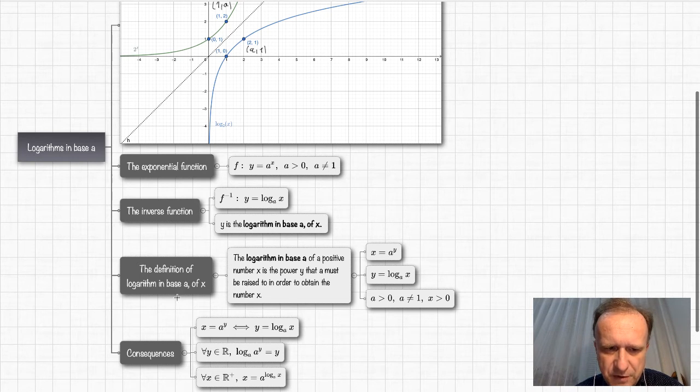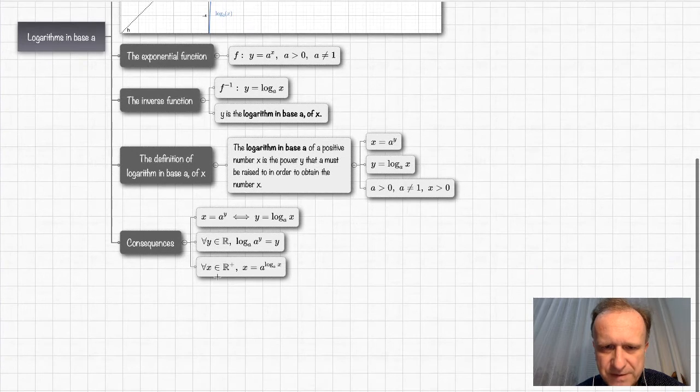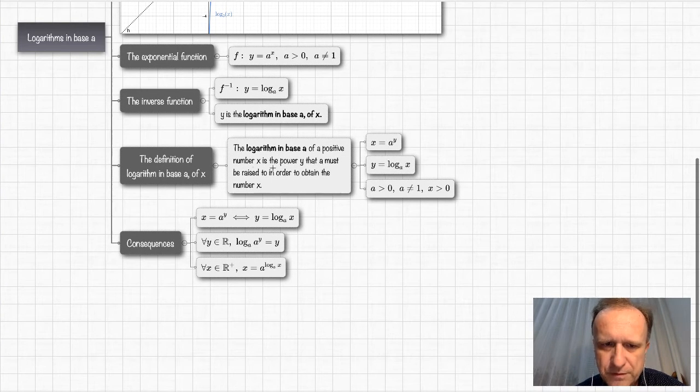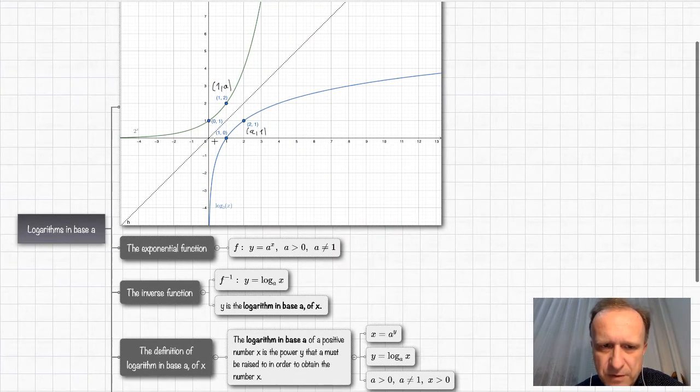Now, the definition of the logarithm in base a, and this is the important one. You have to be able to say that in your own words and try to understand what it means. So the logarithm in base a of a positive number x. Okay, so we take logarithms only from positive numbers. The positive numbers can be taken as the input to this function.